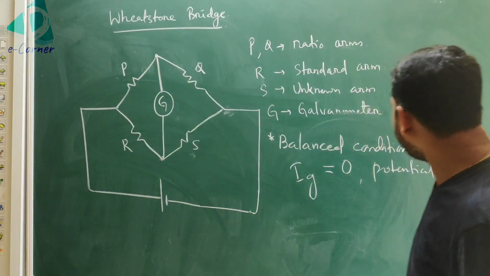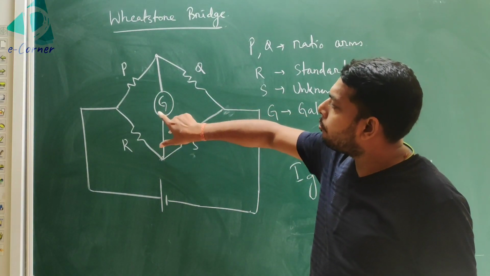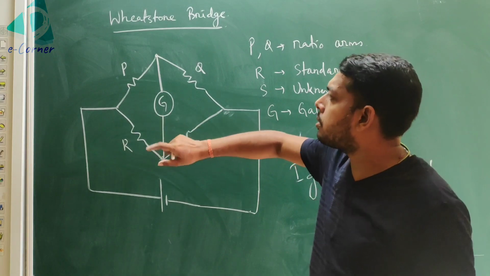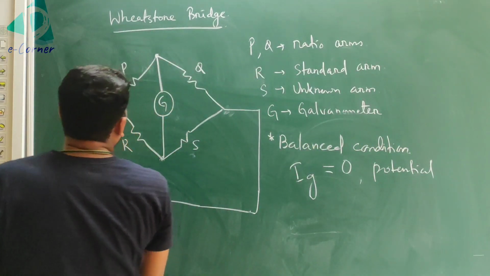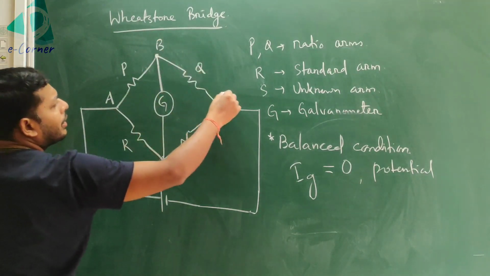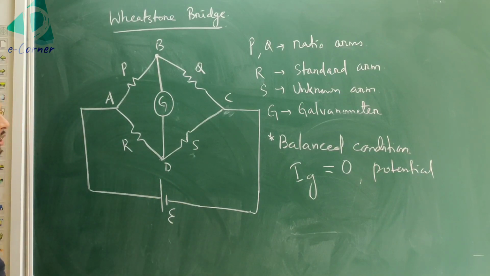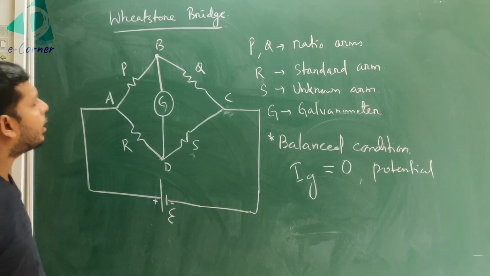We cannot say the potential difference across this galvanometer is not 0, but the potential at these points. Suppose I put here, let this be A, this be B, this be C, this be D, and this one is the EMF.